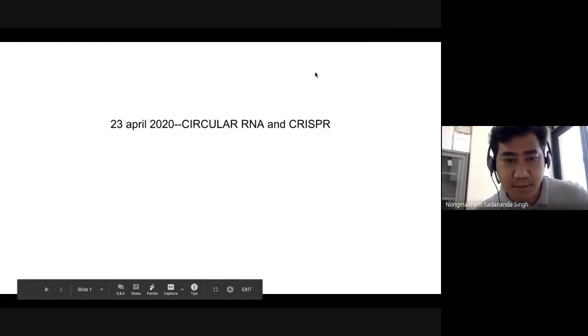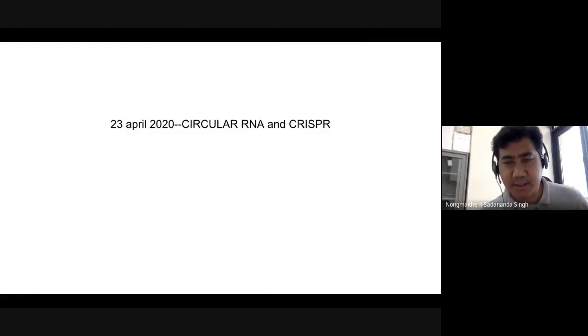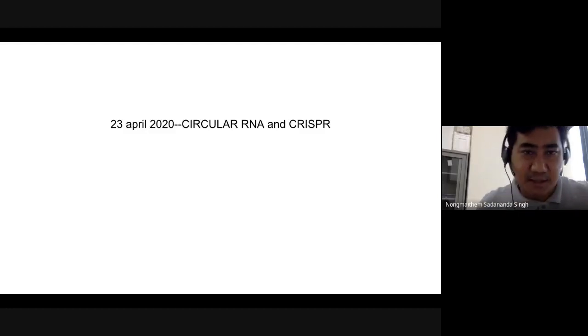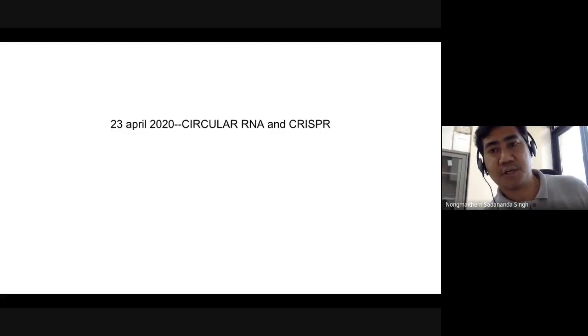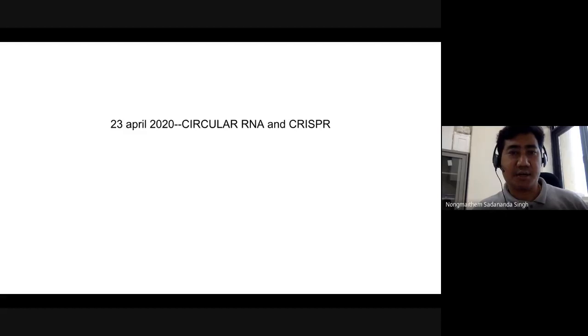So today we'll discuss some aspects of RNA and CRISPR, RNA to CRISPR-Cas technology. Basically, both of these are also part of non-coding RNA, and these are recent RNAs which have been discovered or put into utilization.